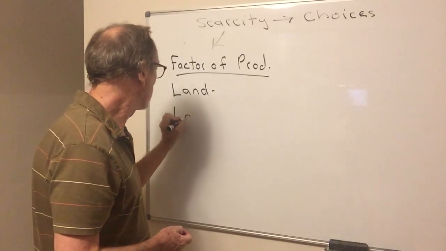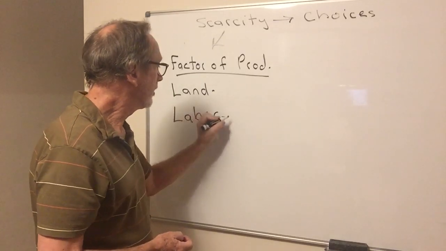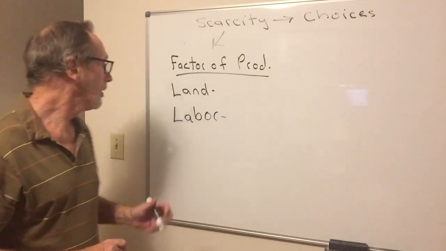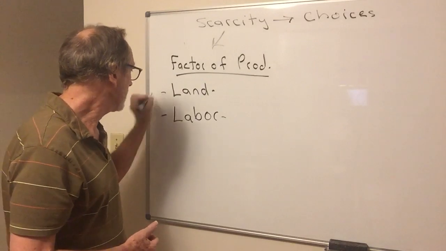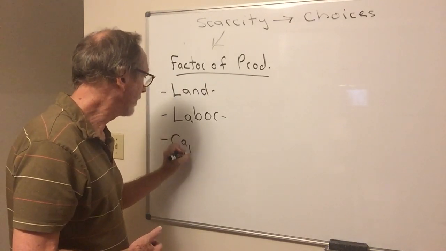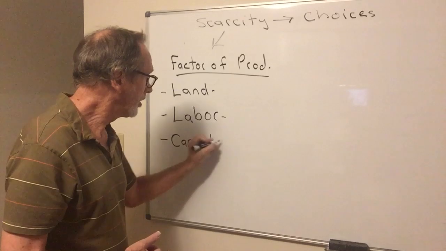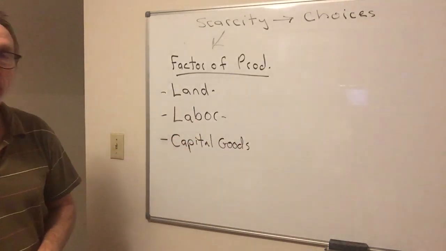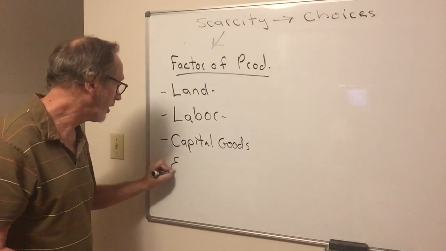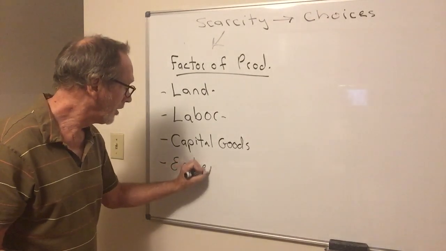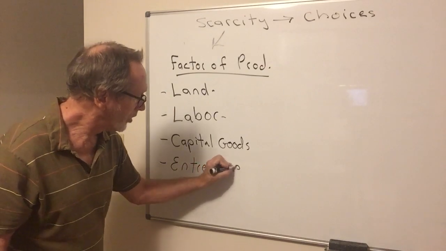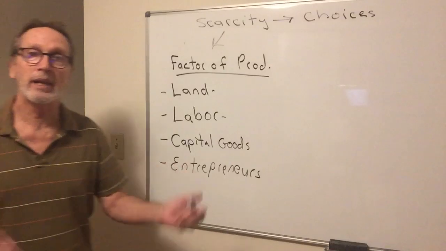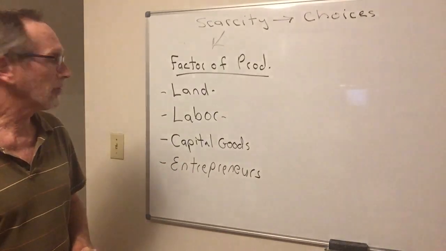Labor, the people working and their human capital, their knowledge and skills. We've got land, labor, and capital goods, equipment. So this is your new vocabulary. Land, labor, capital goods. And I guess you could throw in entrepreneurship too. Entrepreneurs contributing innovative ideas and impetus for new businesses.